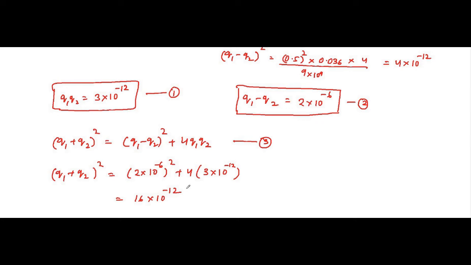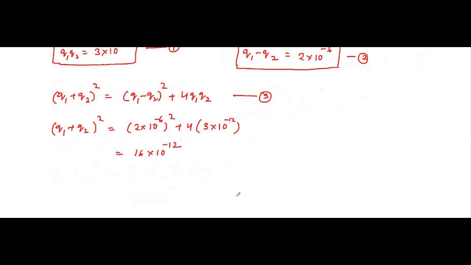Now root over of that will be Q1 plus Q2, equal to 4 into 10 to the power minus 6. This is the final equation that we want. Let's say this is equation 4.